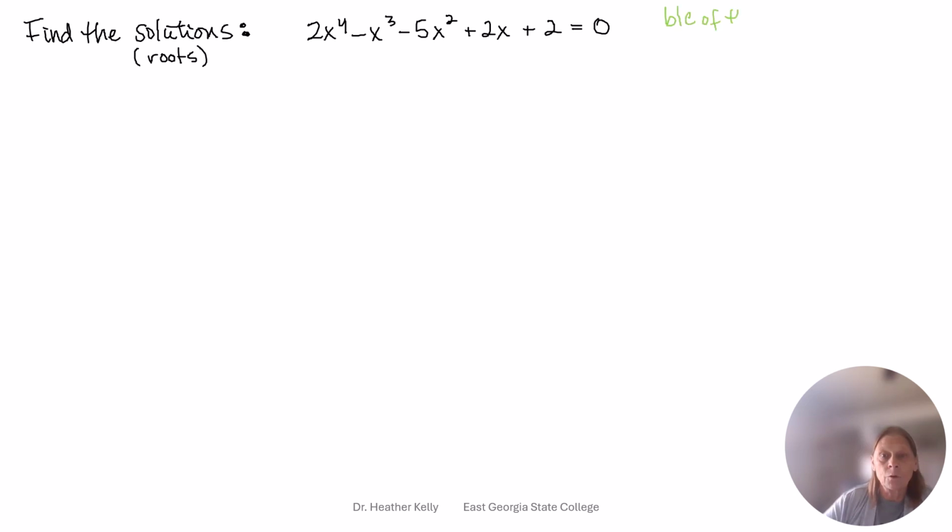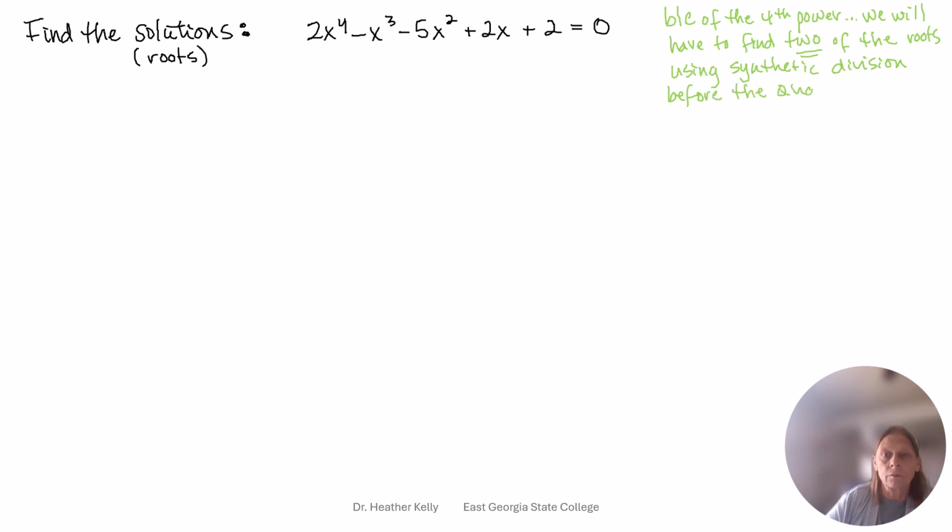Because of the 4th power, we will have to find 2 of the roots using synthetic division before the quadratic formula.